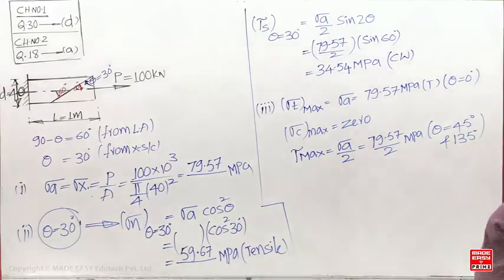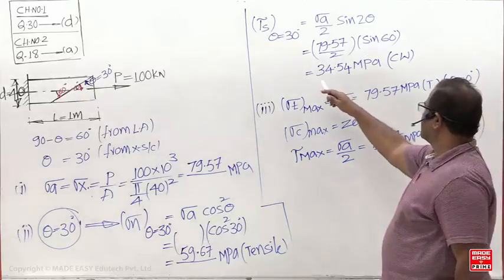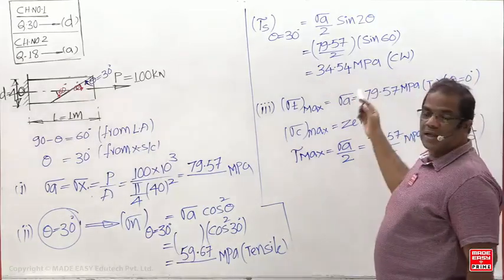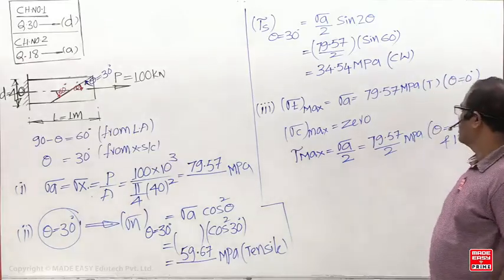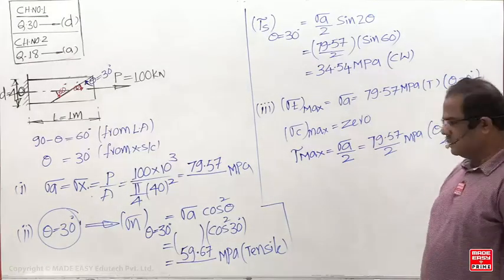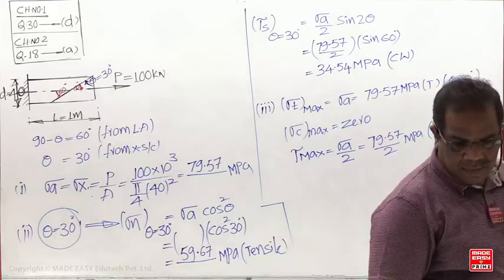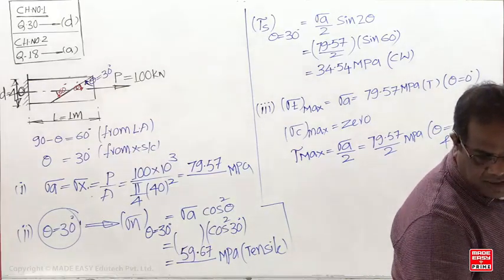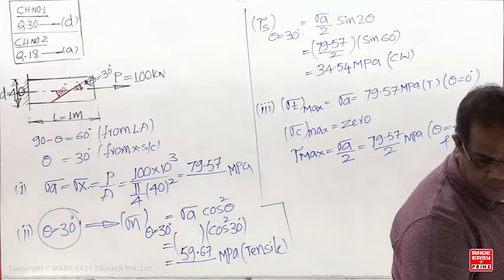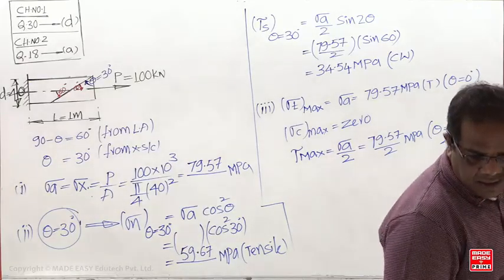Who got 19.89? Probably Mr. Minal. Check it now. You got the incorrect value. You have to take theta as 60 degrees. I've done the modification already, my dear friend.